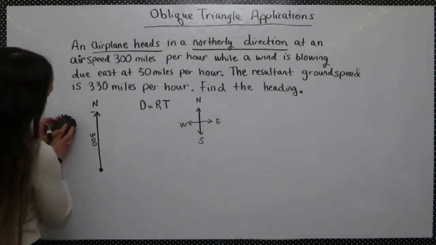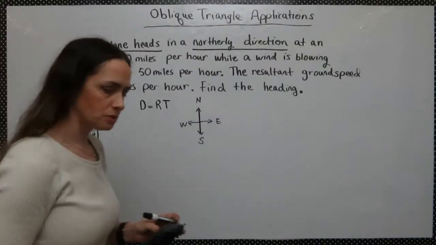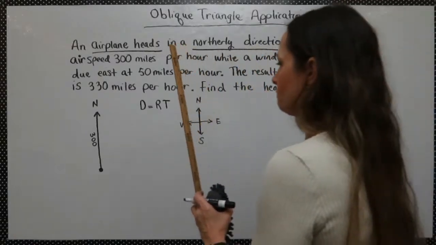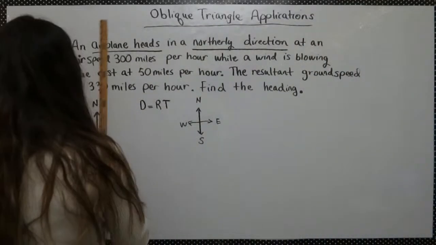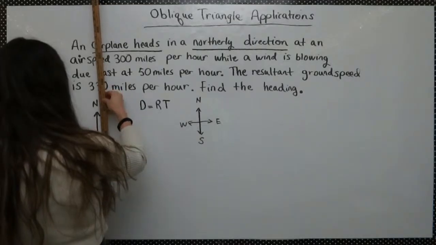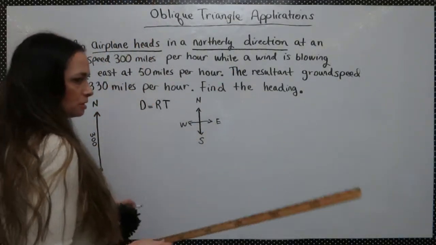So if I say 300 is this long, let me get my ruler out. And this one is approximately 10, so it'd be 3 times as much.